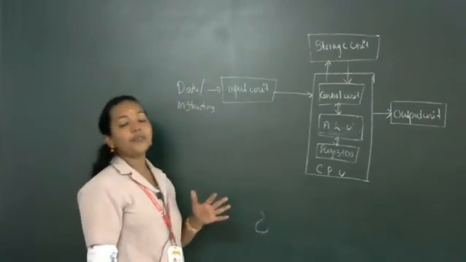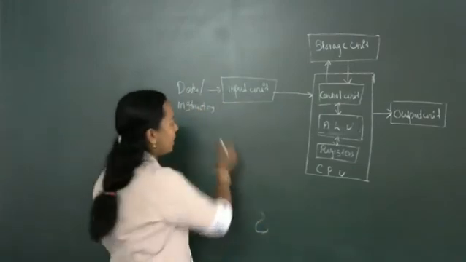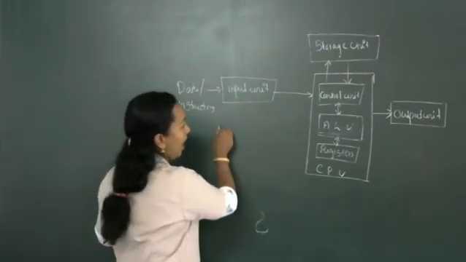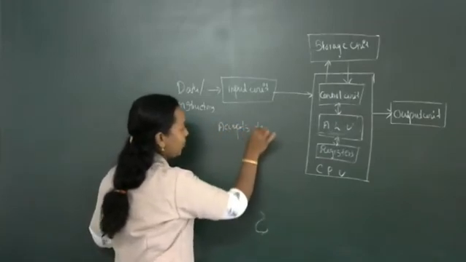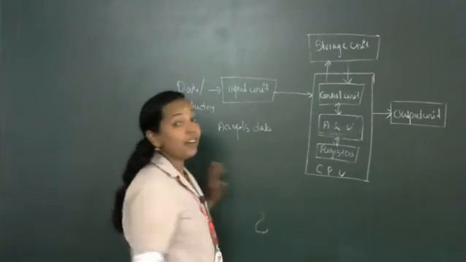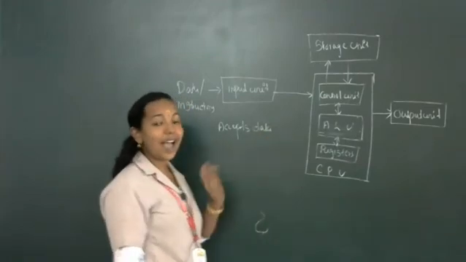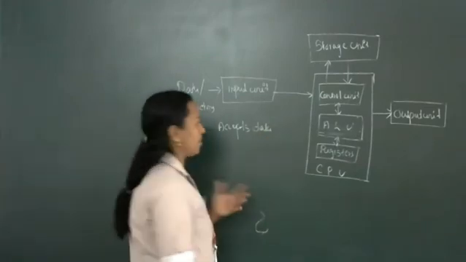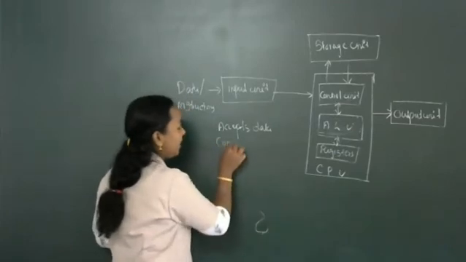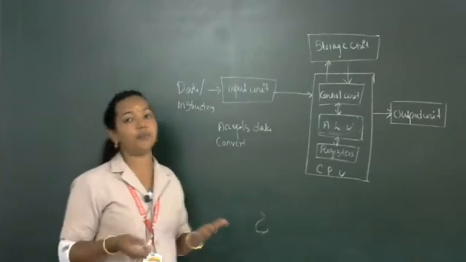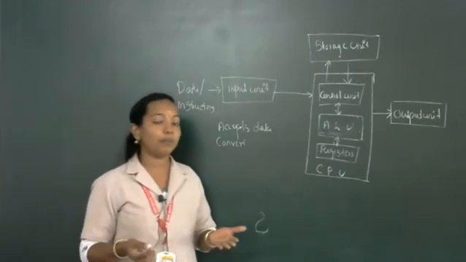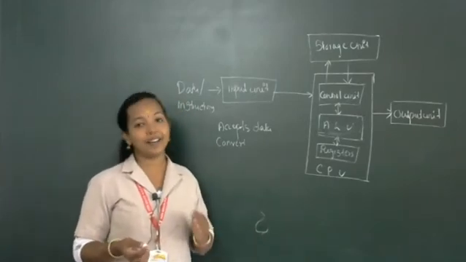Then what are the different duties of input unit? What is the first duty? It accepts data for processing. Then after that, it converts that data into machine readable format. You already know computer only understands binary language.